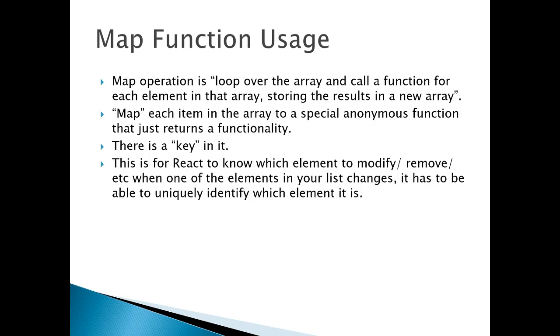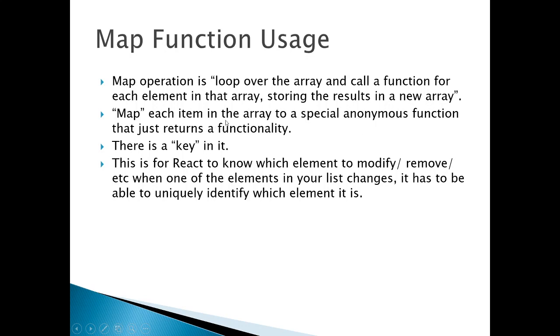The map function is actually just like a for loop over an array. It works specifically just like a for loop. The map function loops over the array and calls a function for each element in that array, storing the result in a new array.